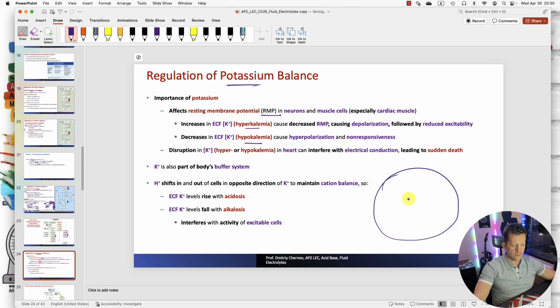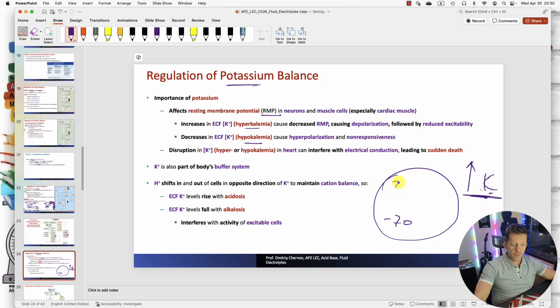Here's the cell, same players, minus 70. Now in hyperkalemia you have high potassium outside, when normally we have low potassium outside. In hyperkalemia, just because now there's high potassium outside, where is this potassium going to go?